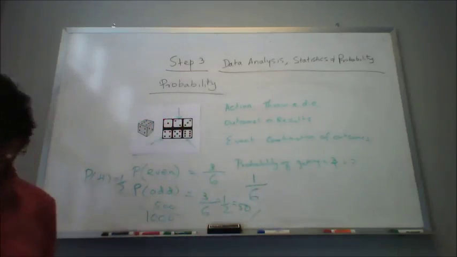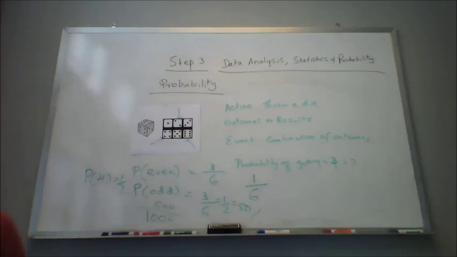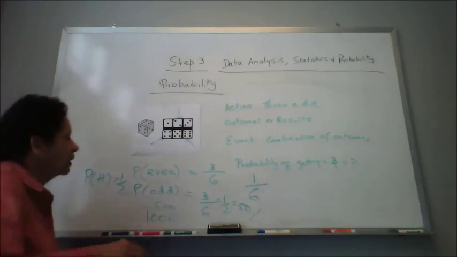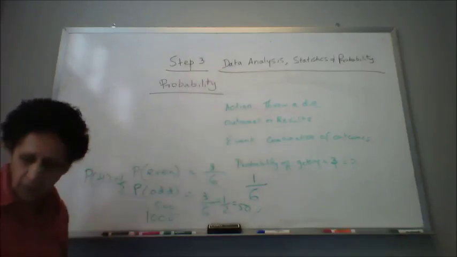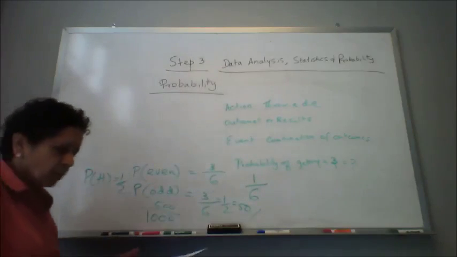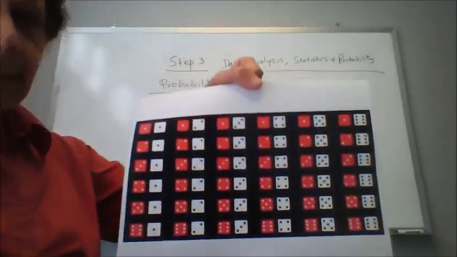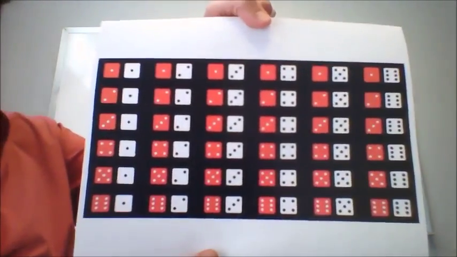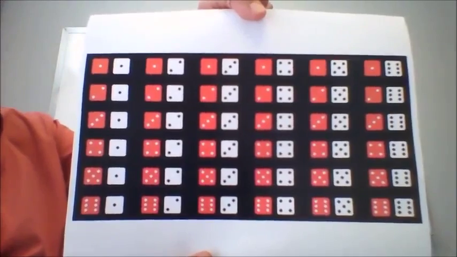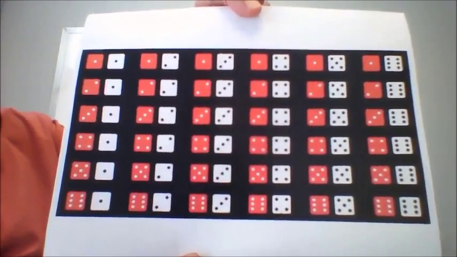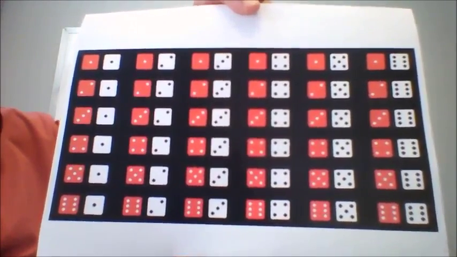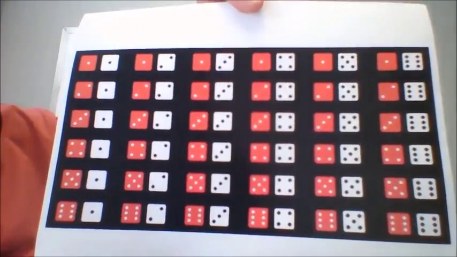So now let's take another example, which is a little bit more complicated. Let's say I'm tossing 2 dice here, a white die and a red die. Now I want to know what are all the possible results.